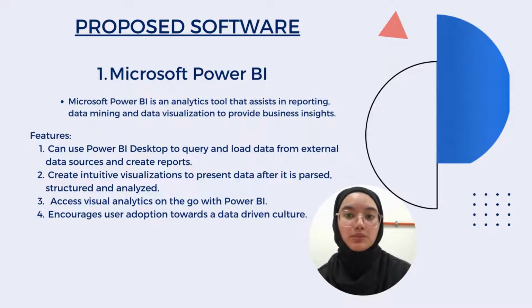Company A has been using a MySQL database and Excel spreadsheets as data sources, which can be imported into this software easily. Next, it can create visualized data after it has been structured and analyzed, so that Company A has a clear oversight of the company on the go. Company A could adapt towards a data-driven culture with this software.